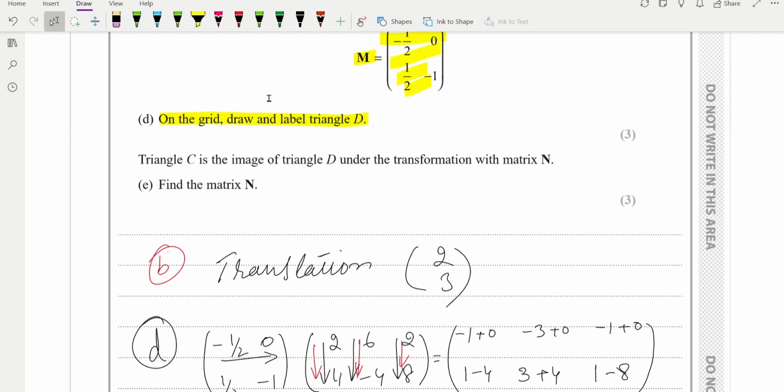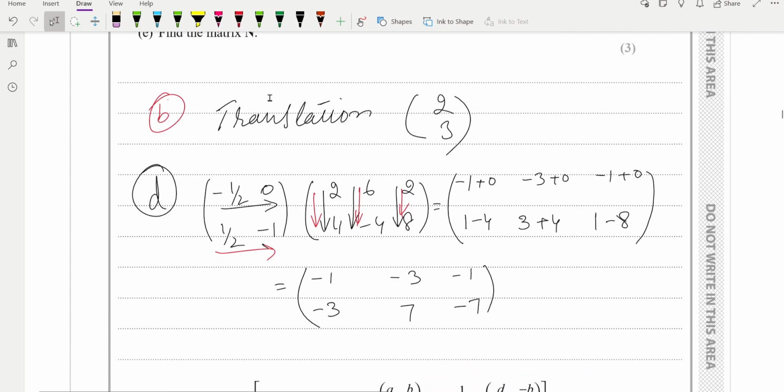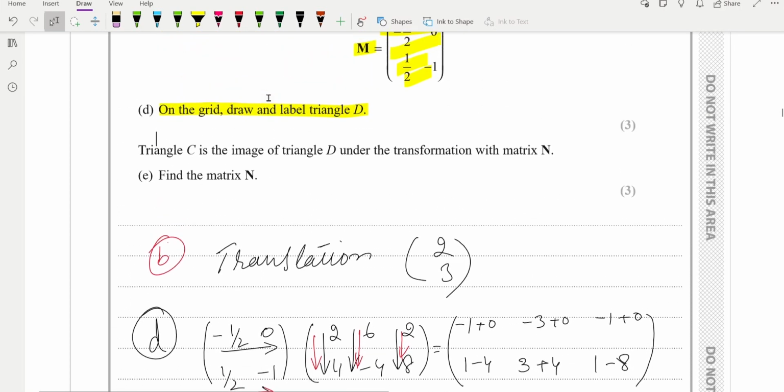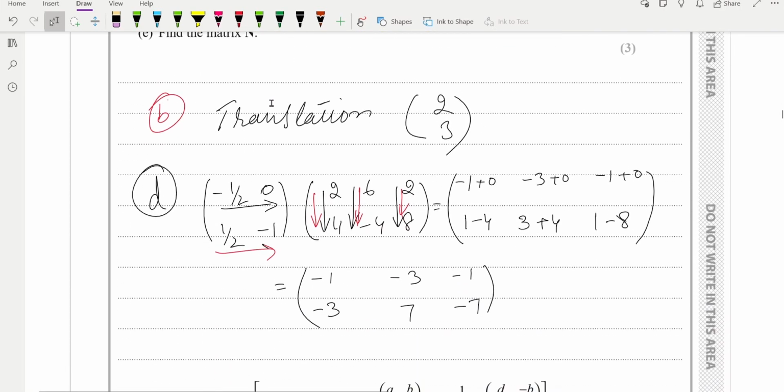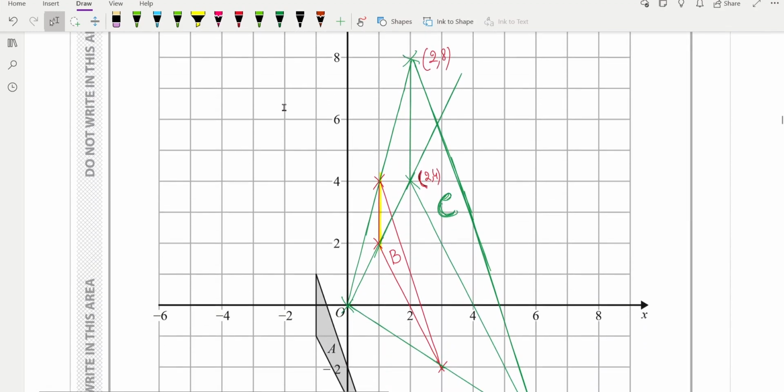So these will be the coordinates of D. What are the coordinates? Minus 1 and minus 3, minus 3 and 7, and minus 1 and minus 7. We will be checking from this one.